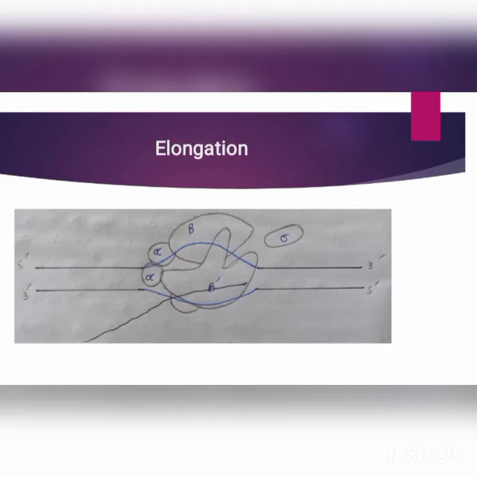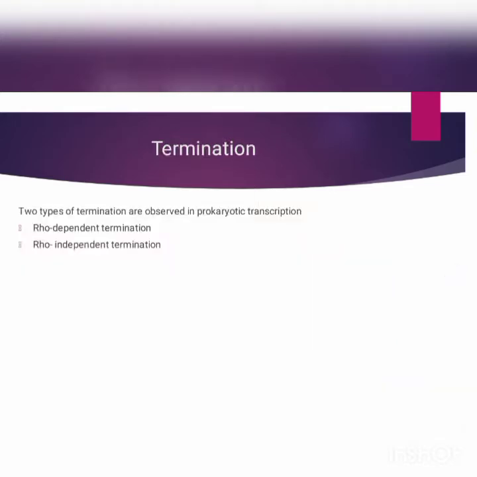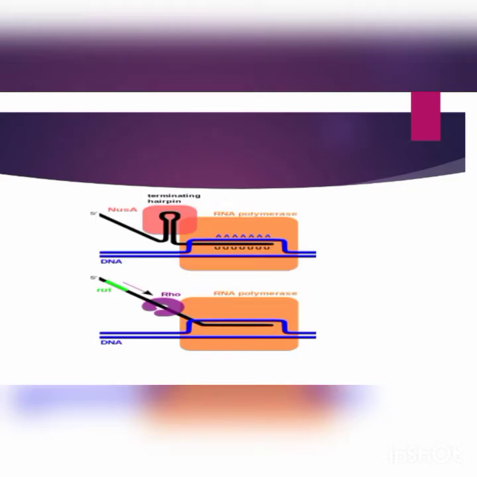As the genes are transcribed, the transcription process must be stopped, which is known as termination. There are 2 methods of termination in the transcription of prokaryotes, which are rho-dependent termination and rho-independent termination. Rho-independent termination does not require external proteins or factors for termination to occur. It is also known as intrinsic terminators.